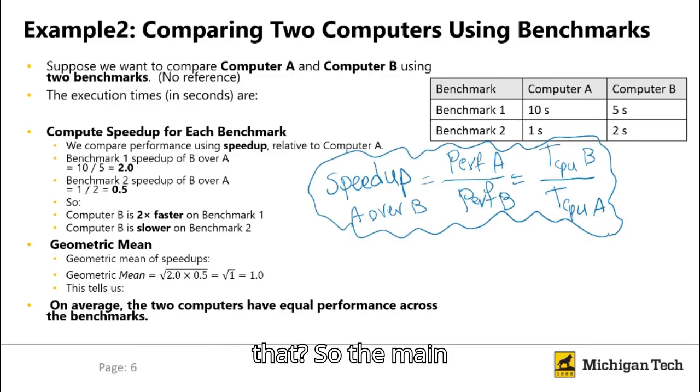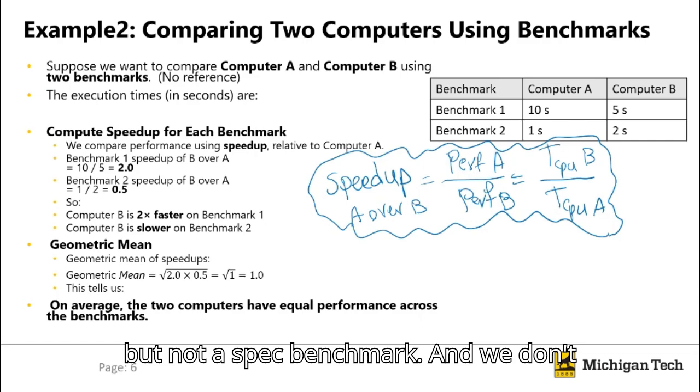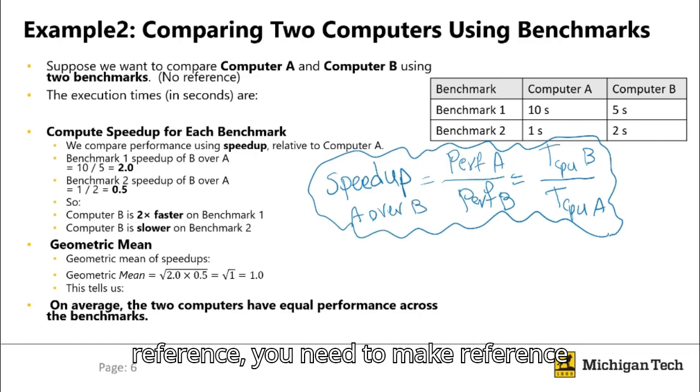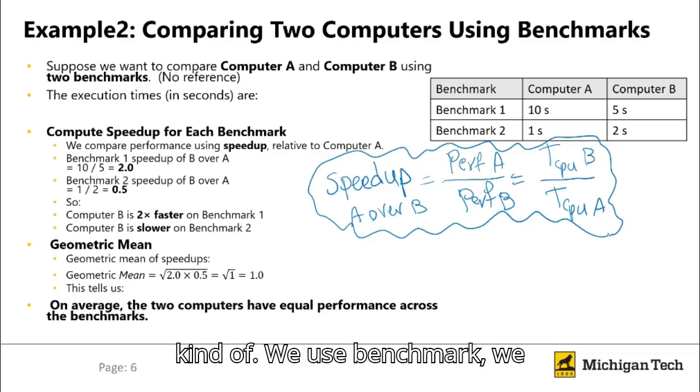Okay, any question about that? The main point of this example was that we still use benchmarks, but not a SPEC benchmark, and we don't have a reference. If you don't have a reference, you need to make a reference, kind of. We use the speedup for that.